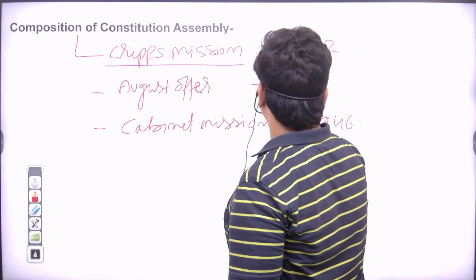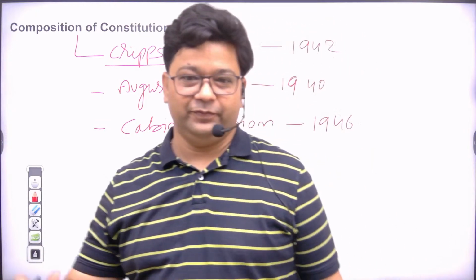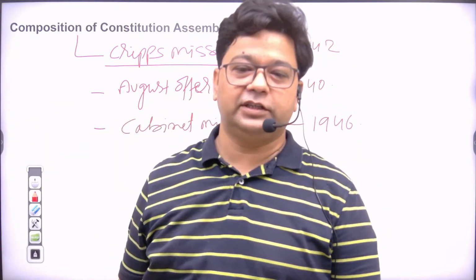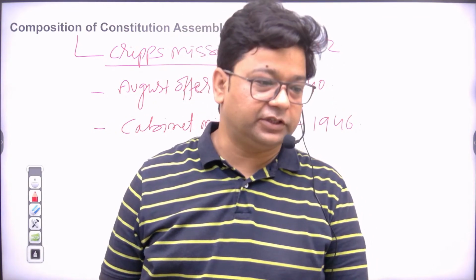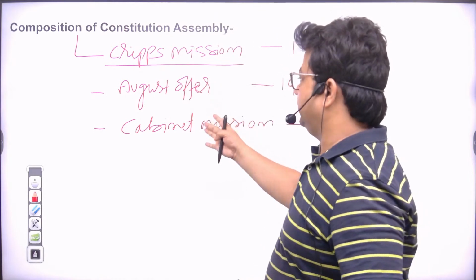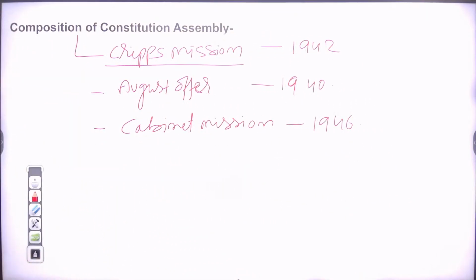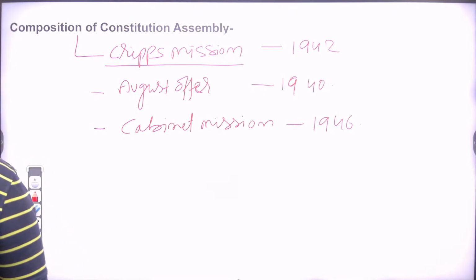See, this is not my answer. I am taking your response. Still, what's your answer? Constituent Assembly किस mission पे बनी थी? Under what proposal was the Constituent Assembly established? 3 options we got here: Cripps, August Offer, Cabinet Mission.